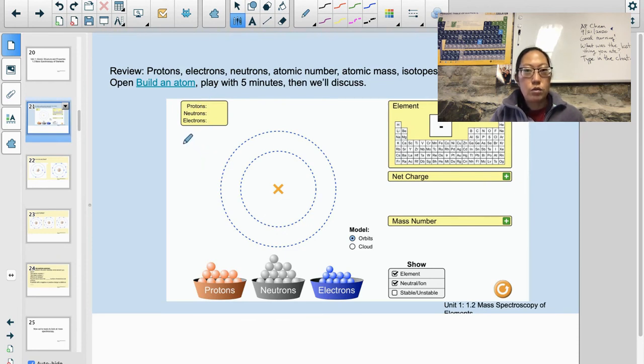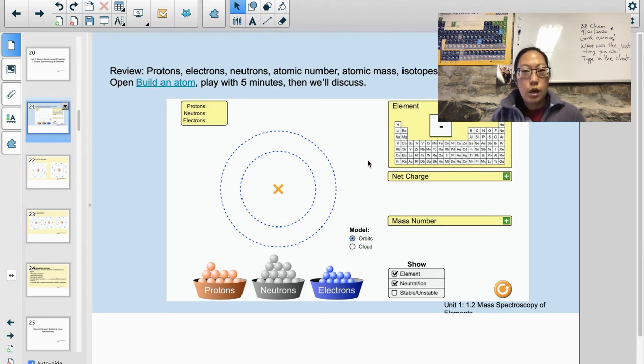And I probably should have just ignored that and just let you work on those conversions. But please, if you have time, take a look at this build an atom thing and just play with it and review how the protons, neutrons, and electrons relate to the atomic number and to the mass number and how the electrons affect the net charge.